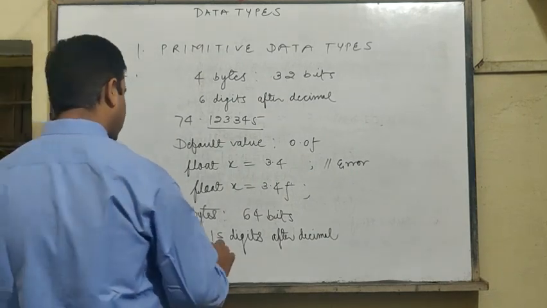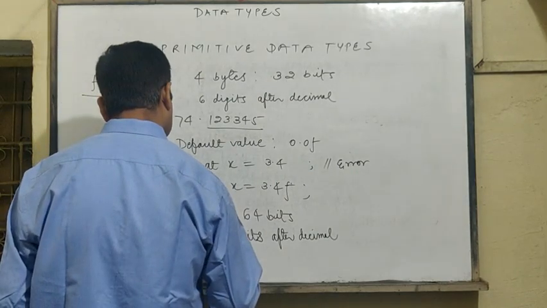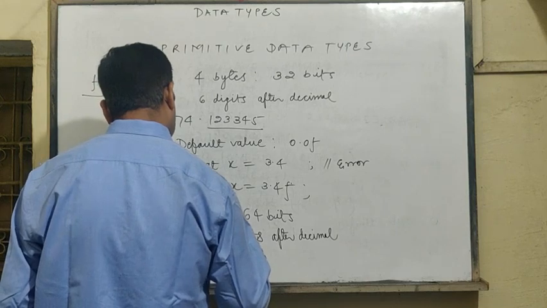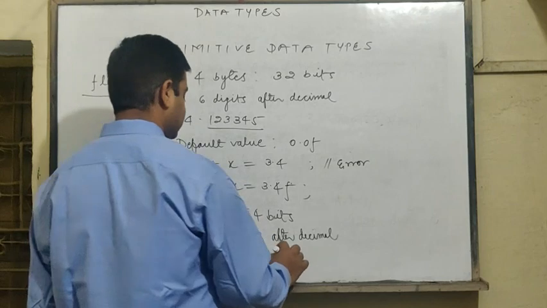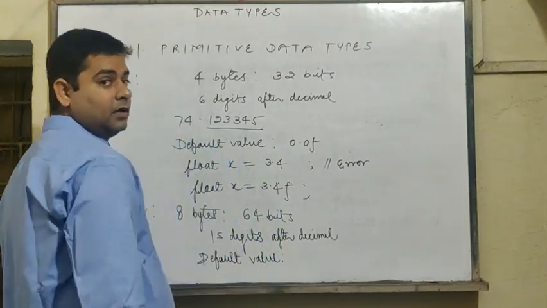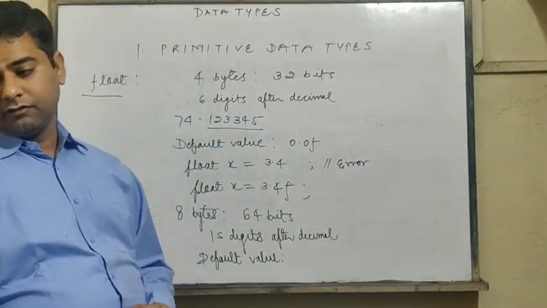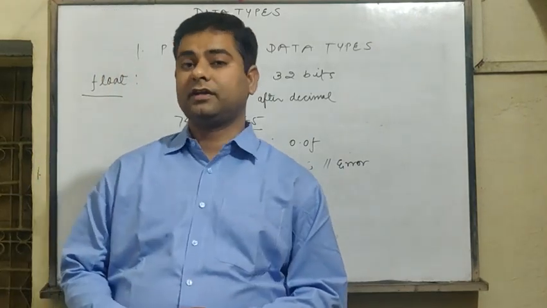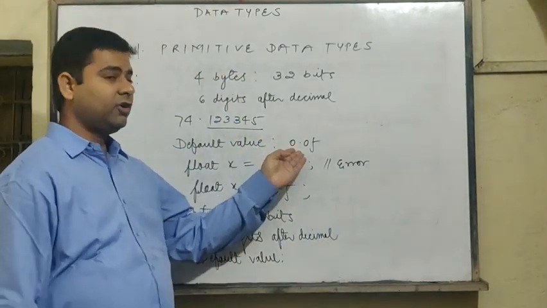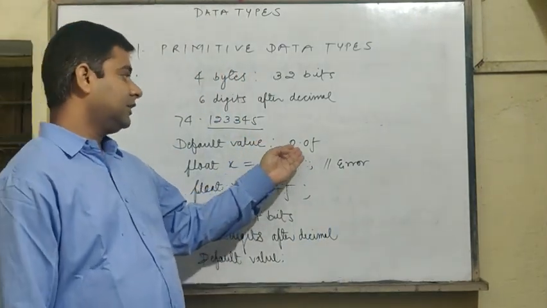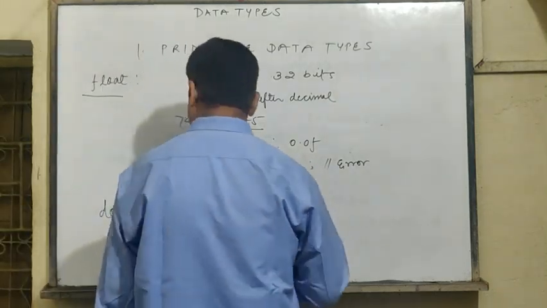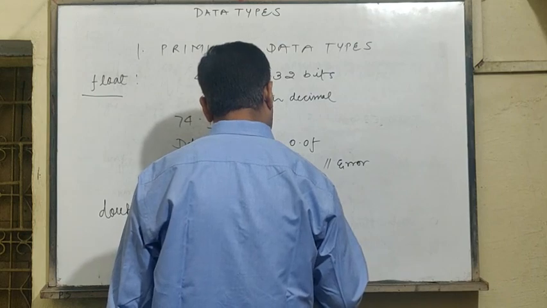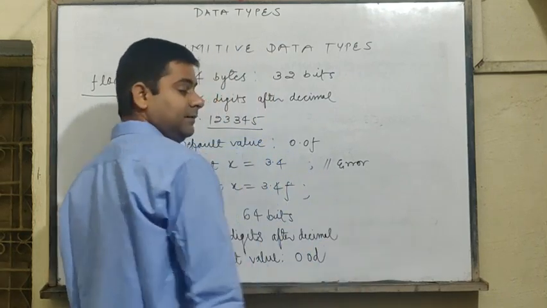And its default value is what? Generally, the default value of double data type is what? The default value of float was 0.0f, and here the default value of the double data type is 0.0d.